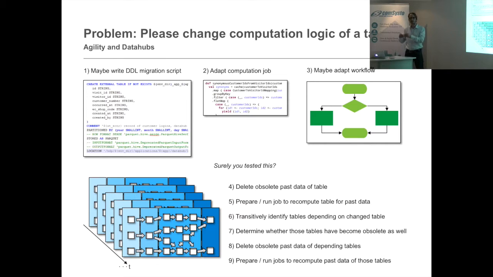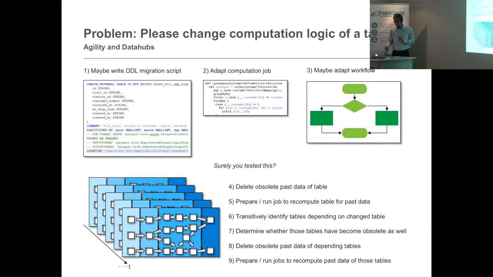You have to start the jobs which fill those. So it's really quite a lot of manual work to find out what the impact of these changes is. You have to reload everything. And that's something where we said, okay, we want to do it better. This was something that really took us a lot of time. And so we did something on our own.